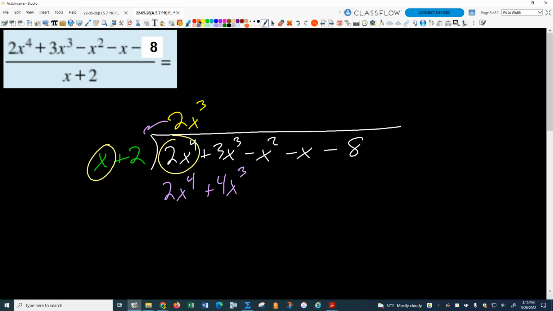Now, what do I do? Caitlin, what do I do now? So after I multiply, I subtract, right? Okay. 2x to the fourth minus 2x to the fourth, those guys cancel. The first terms always cancel. 3x cubed minus 4x cubed. Negative 1x cubed. I'm going to bring the rest down.